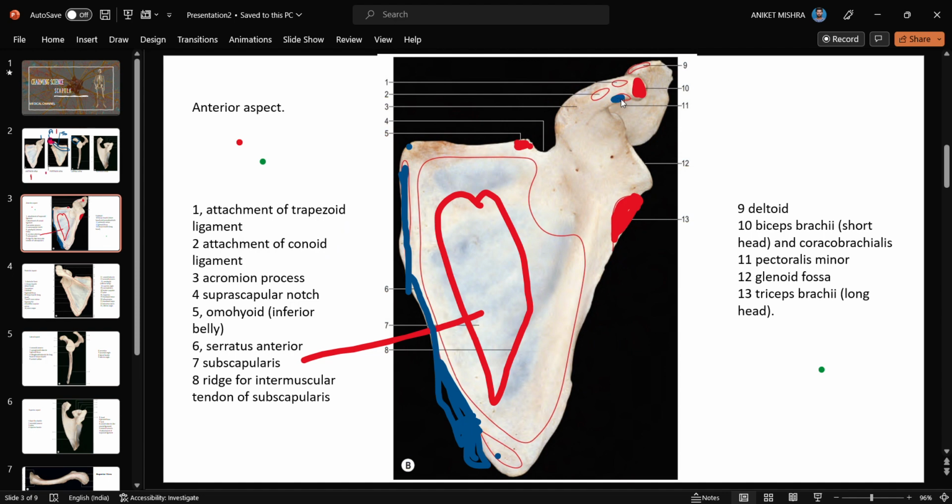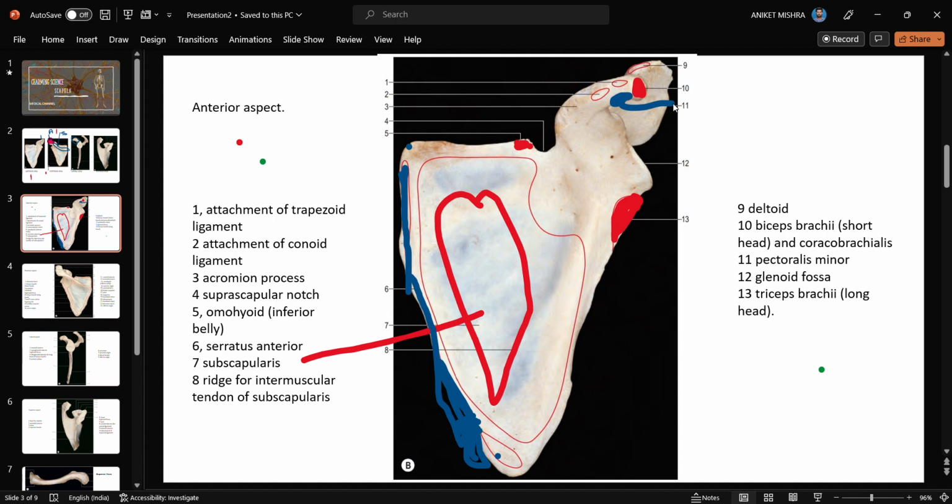This is the landmark, the 11th one: the pectoralis minor is inserted into the medial border and the superior surface of the coracoid process. These are all the muscles that insert here.